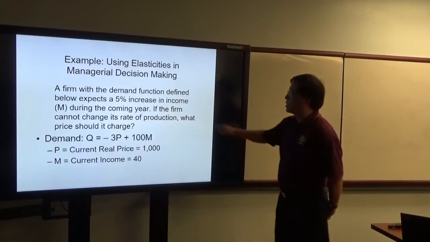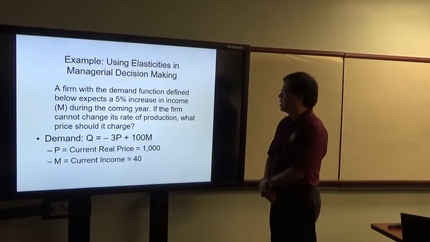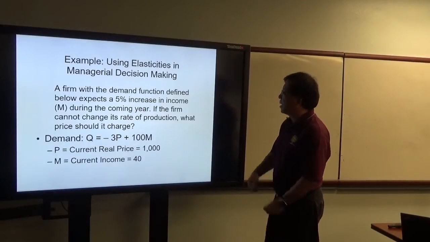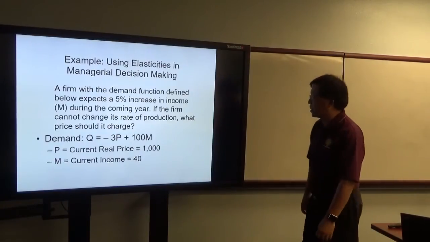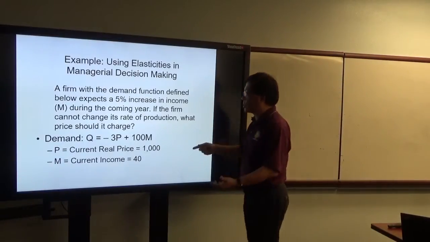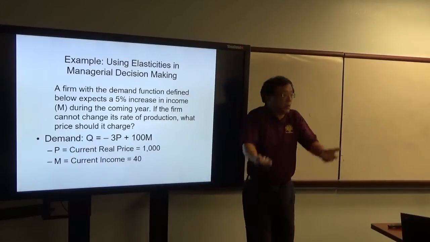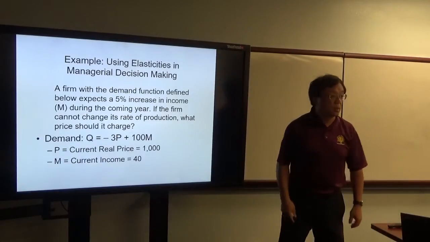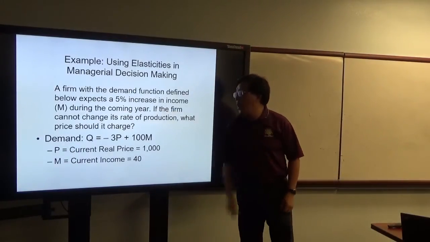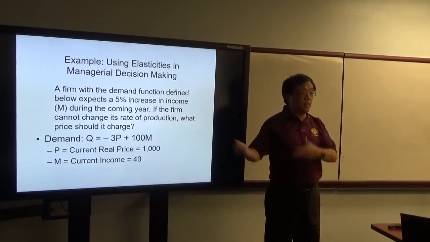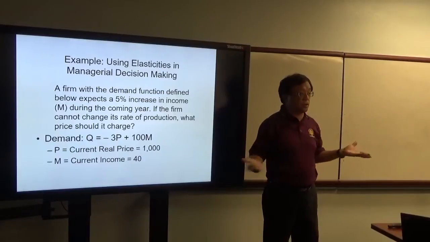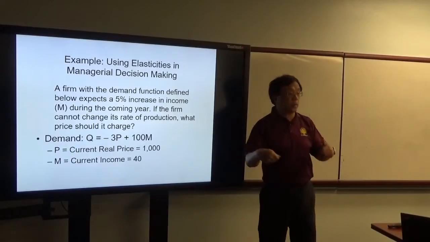A 5% income increase. The company cannot change its rate of production, so the quantity will have to stay the same. So what price should it charge? It has to basically increase the price, right? Because when income increases, people tend to purchase more. Then the quantity cannot change, so you have to raise the price.